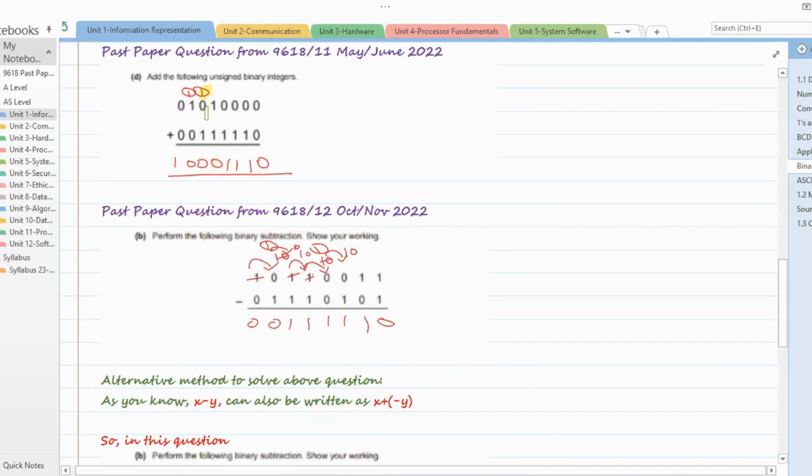So now 1 plus 1, because 0 is not counted. So 1 plus 1 is 0 with 1 carry. So carry bit written here. So 1 plus 1 again, 0 with 1 carry. So carry bit is written here. Because there is no number, so I have directly written here. So answer is this. Yeah. Next question is perform the following binary subtraction.